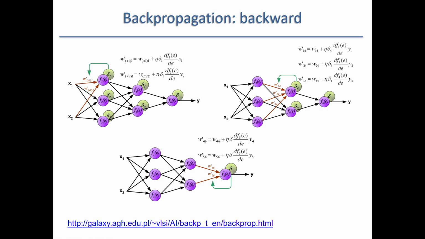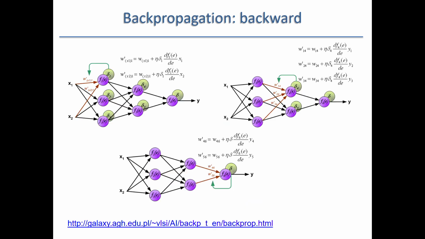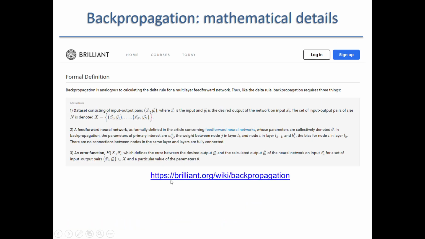And this particular choice, why this function here, depends on what your cost function and your nonlinear function are. And in this web page that I'm showing here, all the mathematical details related to that are very well explained.